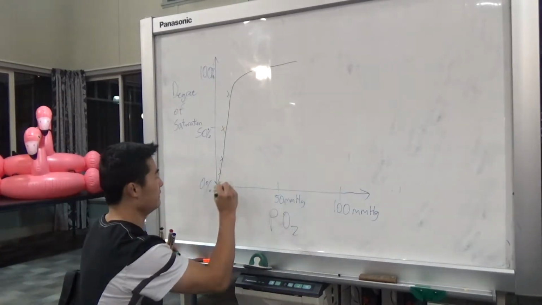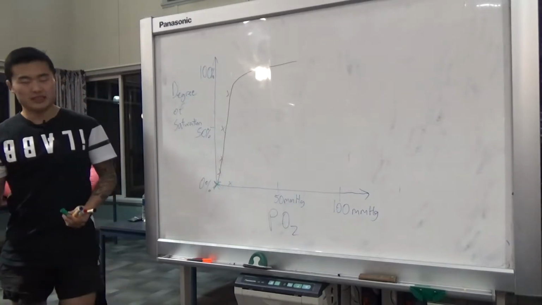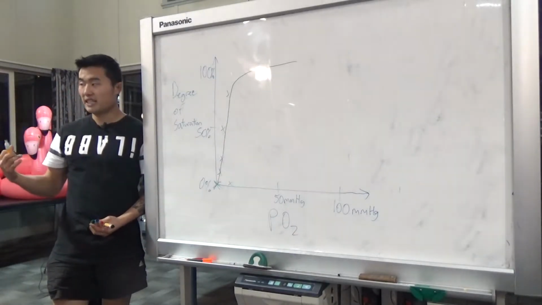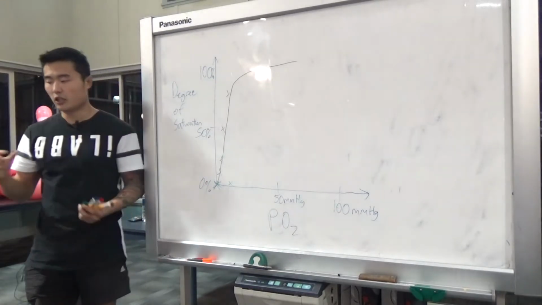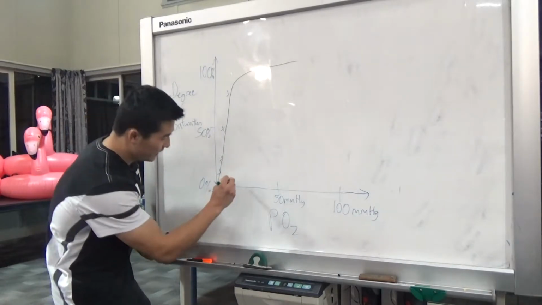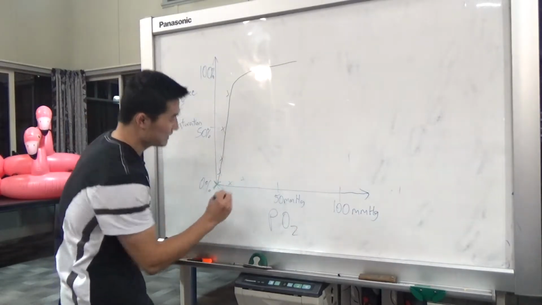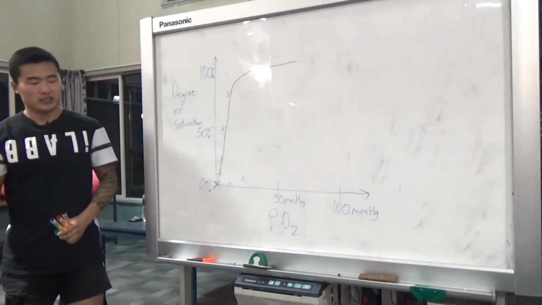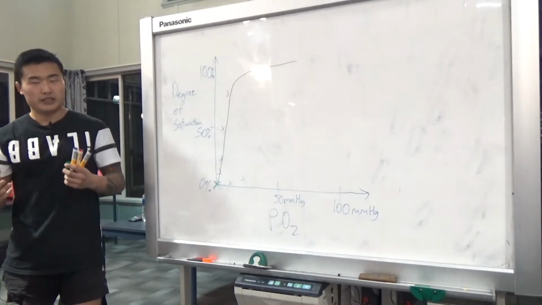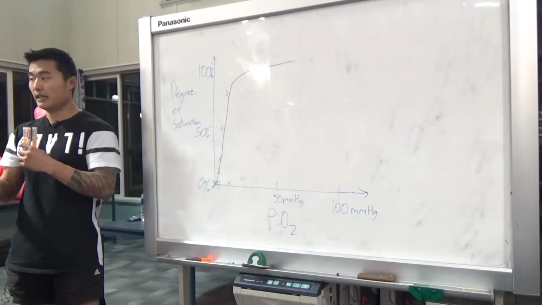So even when you get to 10 millimeters of mercury, not a lot of hemoglobin actually binds to oxygen because it's got low oxygen affinity.